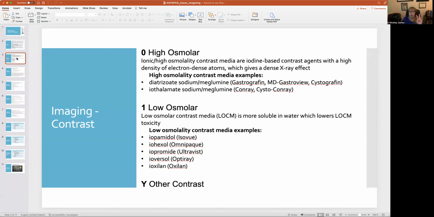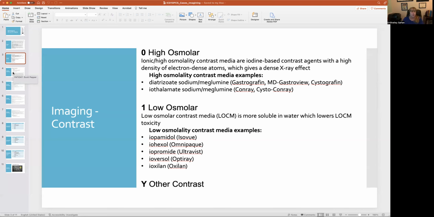And the choices you have in this character of the ICD-10-PCS code are going to require you not just to know with contrast or without, but whether it is high osmolar or low osmolar. Okay? All right. You have questions, concerns, confusions? Email me and I'm happy to discuss it.